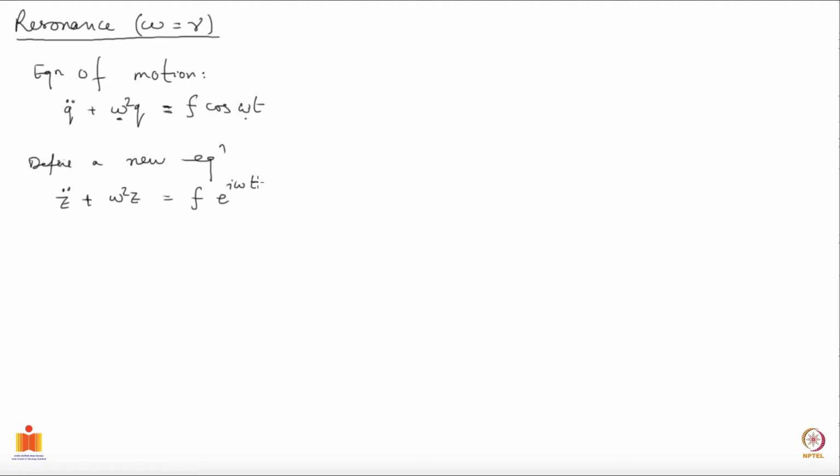And if I take the real part of this equation, I will get back this one, where I will define q to be the real part of z. Now as before, because this is a non-homogeneous equation, I should search for a particular solution, and of course I know what the solution to the homogeneous part is. So let's go ahead and search for a particular solution.